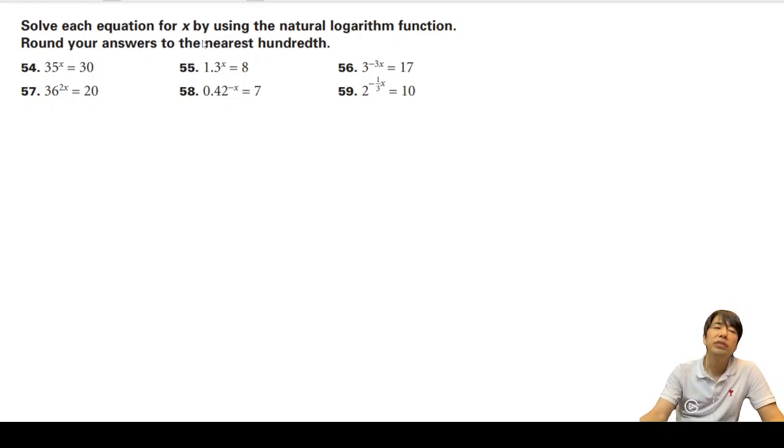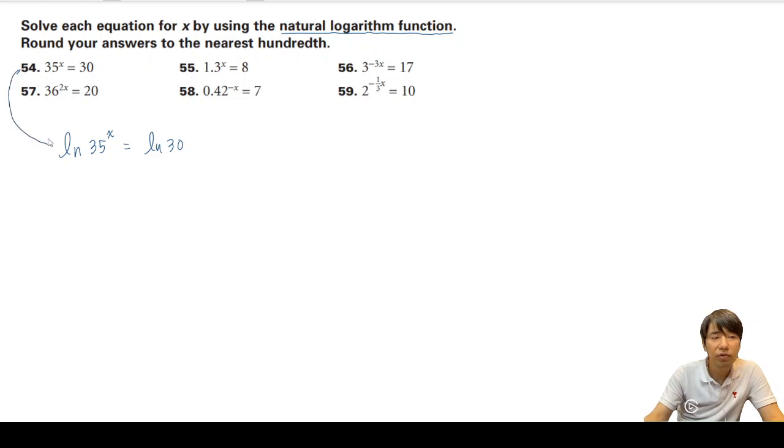Solve each equation for x by using the natural logarithm function. Round your answer to the nearest hundredth. This is exponential form. As we've seen just now, it says using natural log, so it doesn't matter what kind of base you have. Even though here the base is 35, you can still use natural log. So you can apply natural log on both sides: ln 35 to the power of x is equal to ln 30.